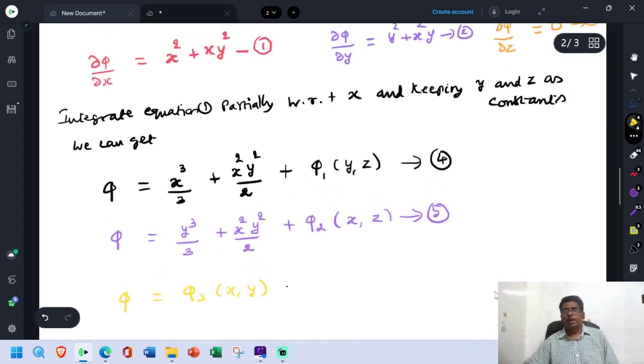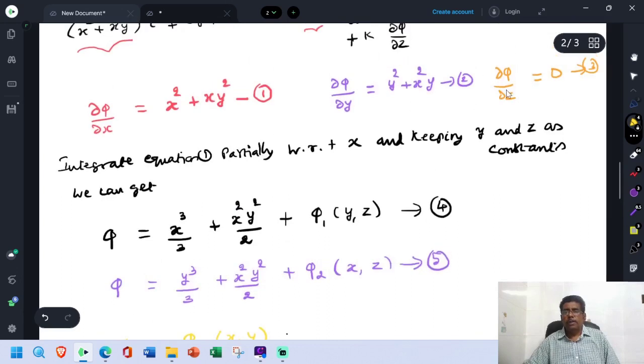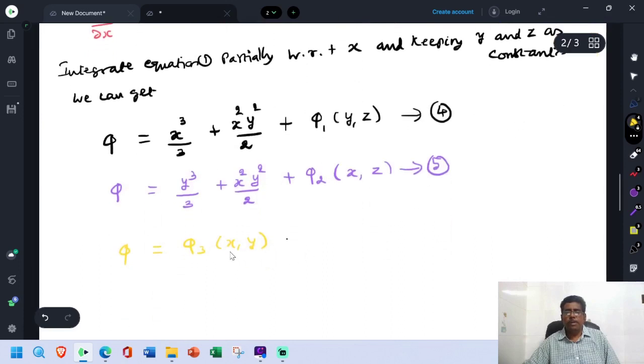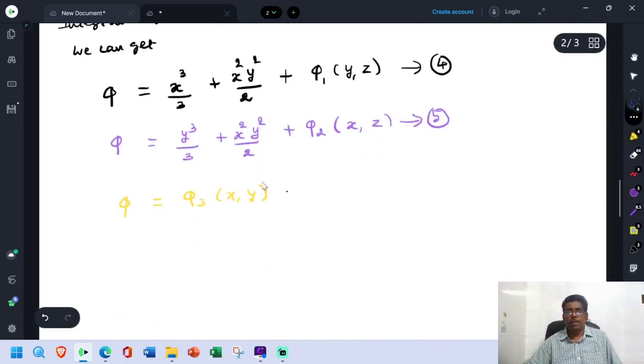See here, if you integrate this, we can get a constant term alone because differentiation of a constant equal to 0. If you integrate this equation, you can get only the constant term φ3 of x comma y. Now you should write the values of φ1, φ2, φ3.